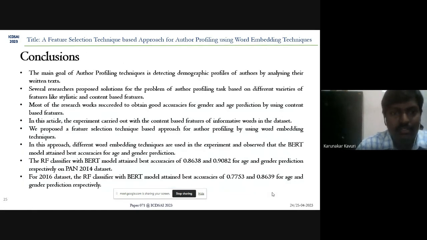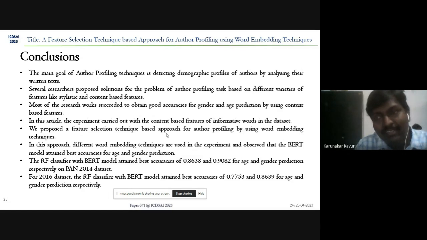The conclusion. Several researchers proposed a number of different profiling tasks based on different varieties of feature selection algorithms, content-based features. I used the cosine similarity measure and word embeddings. This is the new one. And for term weight measure, I proposed a new one that will normalize the total document numbers.